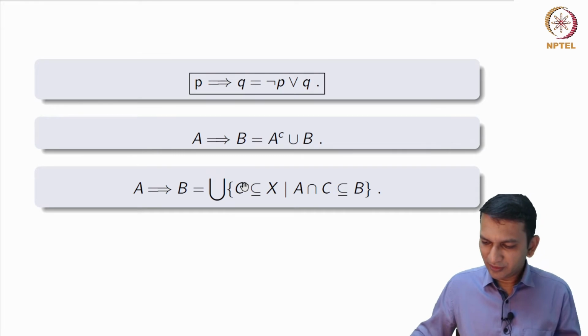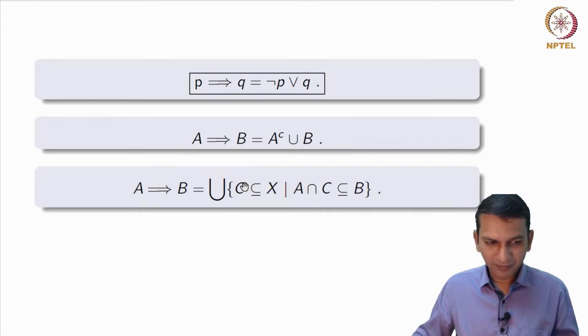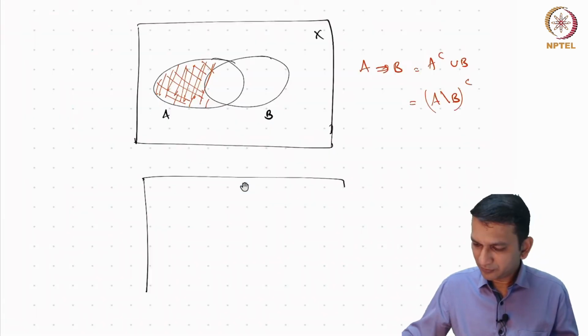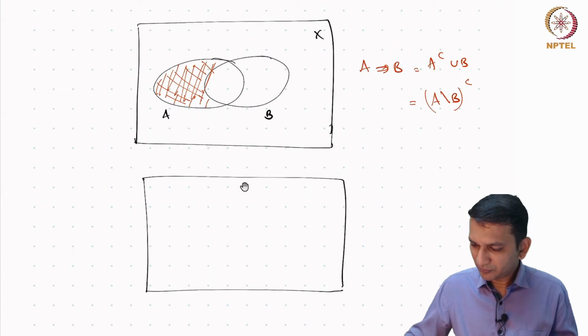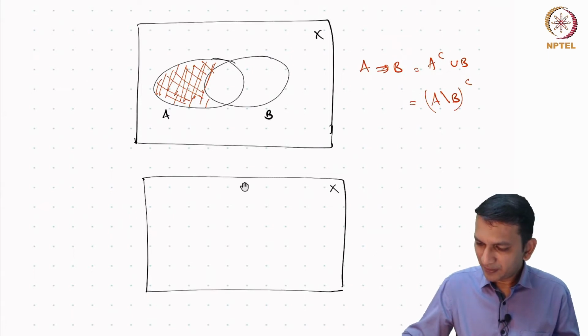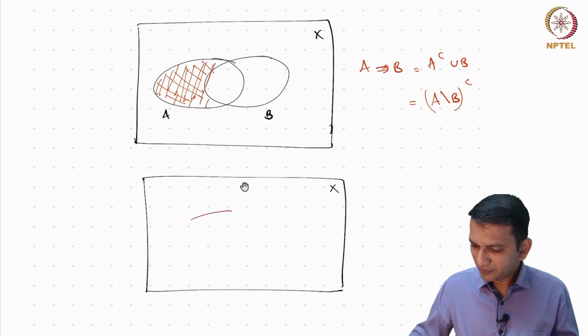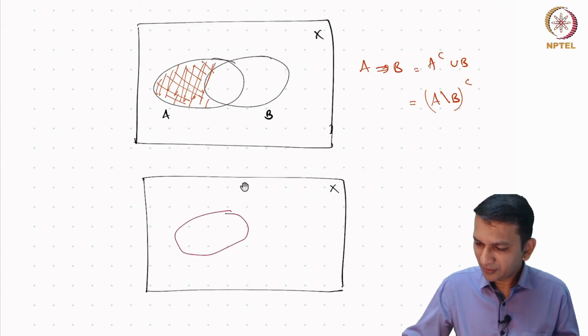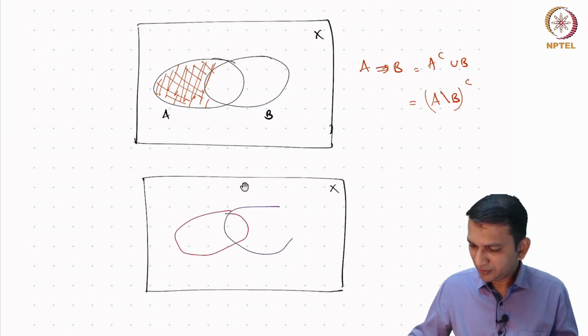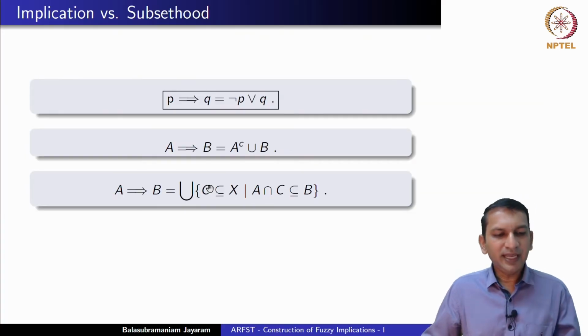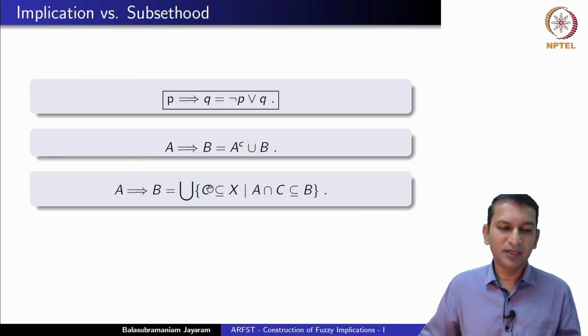Now, what does the other formula tell us? Let's look at it. Once again, this is X. This is A. This is B. It tells us to take a C, which is a subset of X, and look at A intersection C. Is it contained in B?